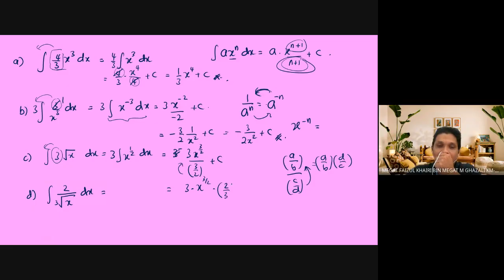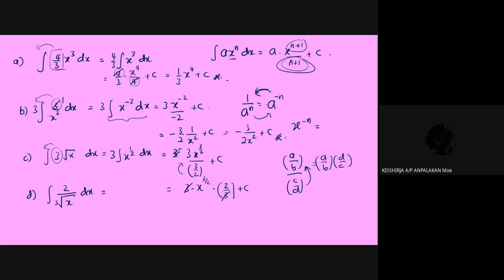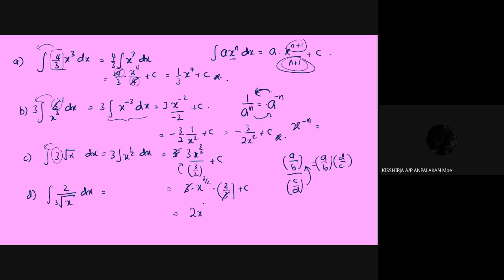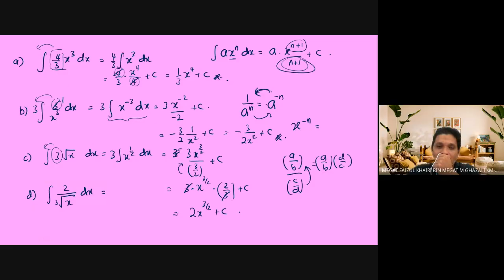Then 3 divided by 3 equals 1, and there's only 2 left here. So what's now? 2x to the power of 3 over 2 plus C. There you go.